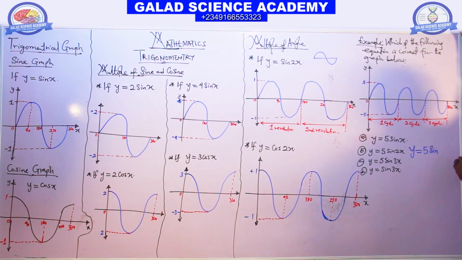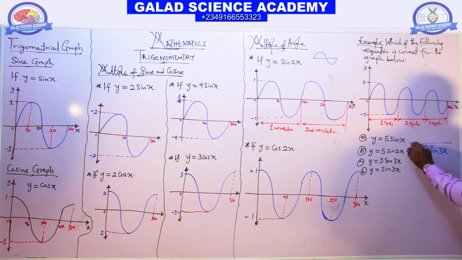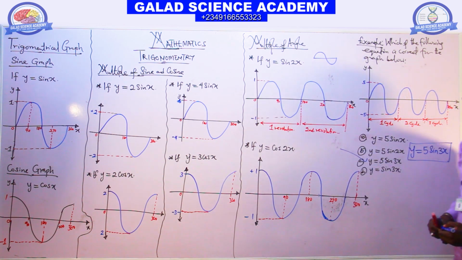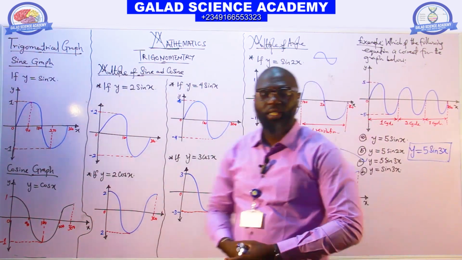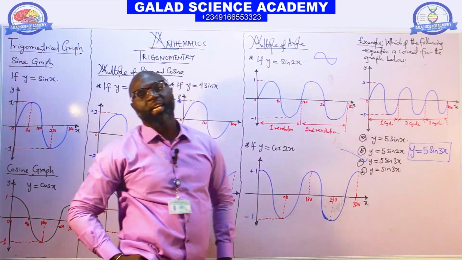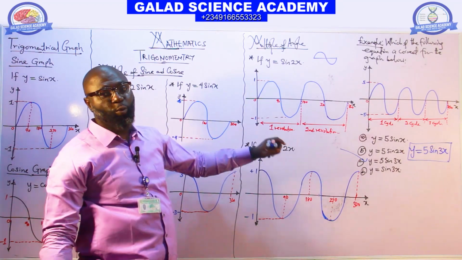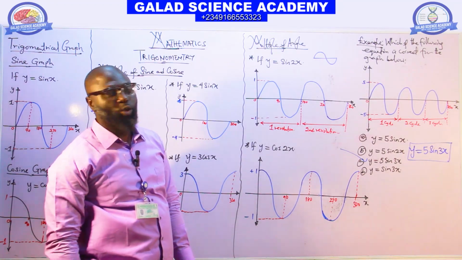Here you will now have 3 sine x. Therefore, the correct answer is option C. Good. So that is all about the trig graph. This use of graph is useful for JUPEB, UTME and post-UTME students.